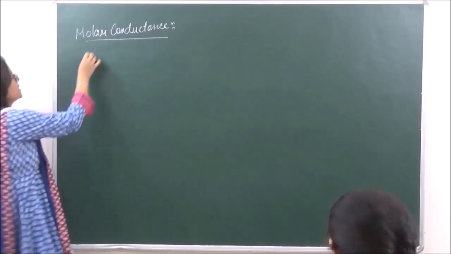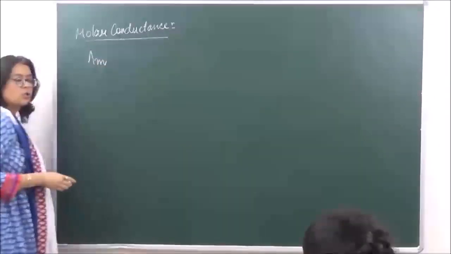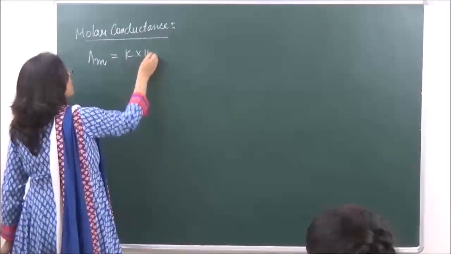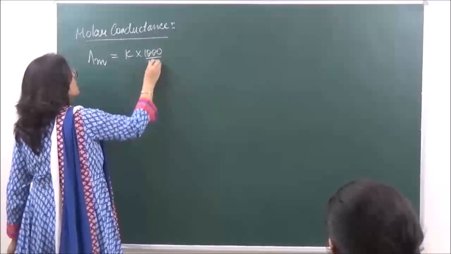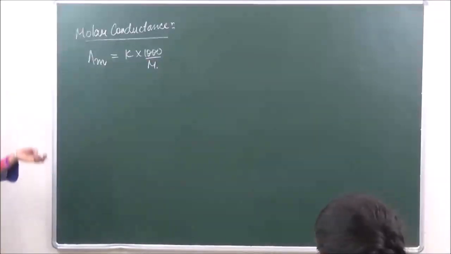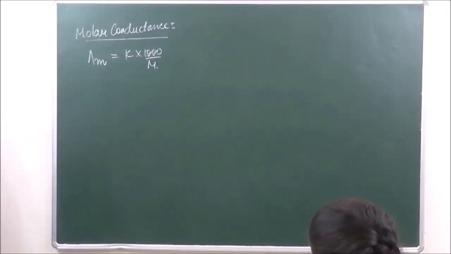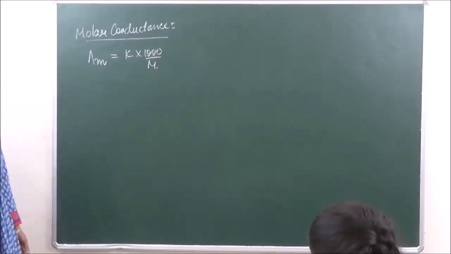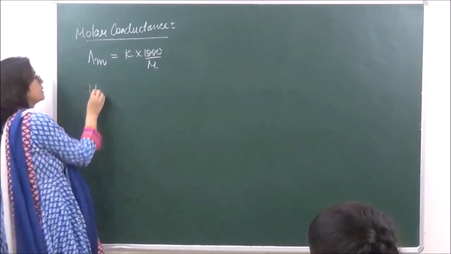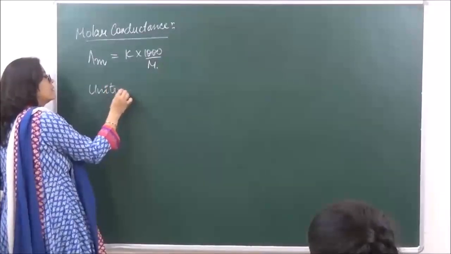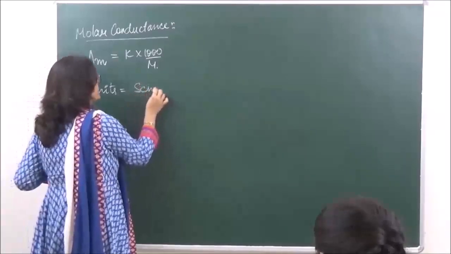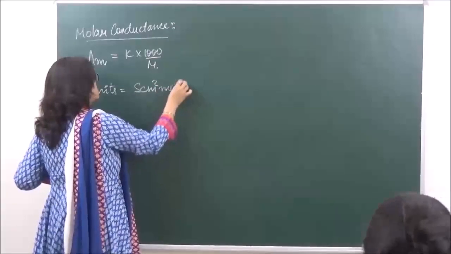Molar conductance, denoted by lambda m, is equal to kappa into 1000 upon molarity. Is it clear? The units here become Siemens centimeter square per mole.